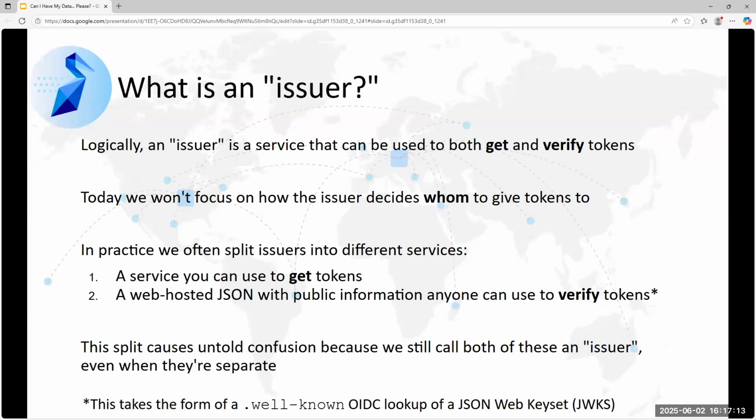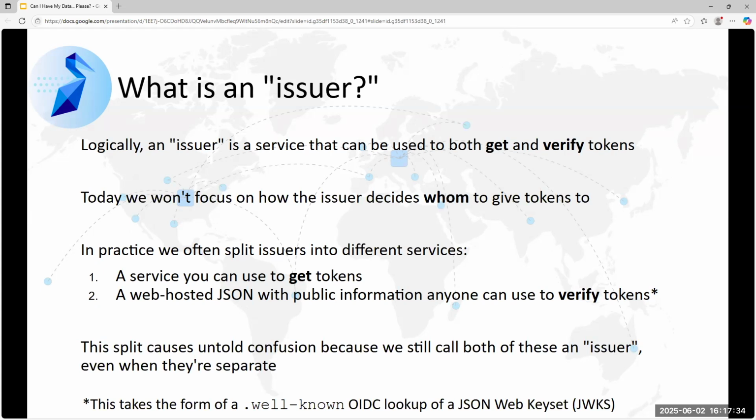So what's an issuer now? Well, an issuer is logically any service that we can use to create and to verify tokens. But in practice, we're computer scientists and we think everything can be solved with another layer of abstraction or indirection. We actually treat these like 2 different things in a lot of cases.